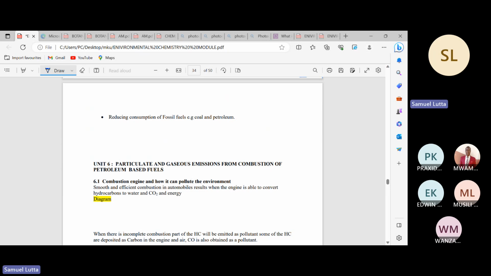Let me see in my additional notes if we have something that we can. Let me see if I have something here.